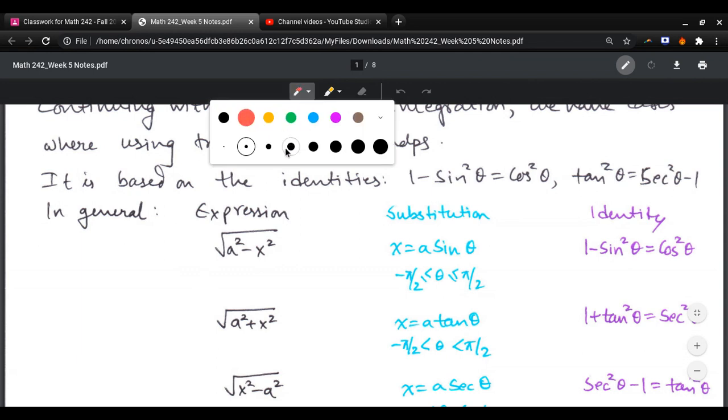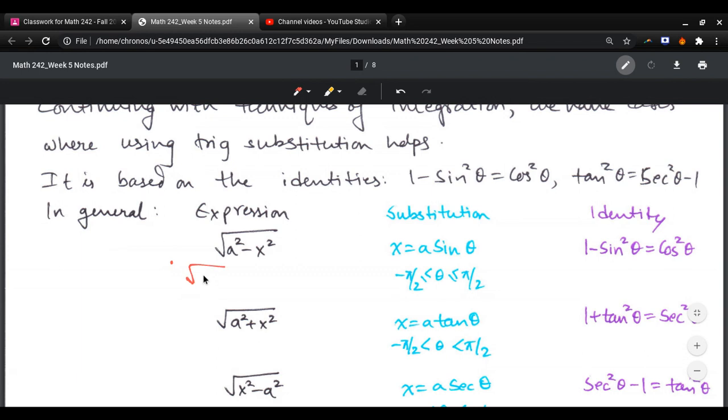If I do the substitution that I just claimed, I would end up with a squared minus a squared sine squared theta in the root, which is a squared times 1 minus sine squared theta, which is a squared cosine squared theta, which is a cosine theta. So basically I get rid of the square root if I do that.